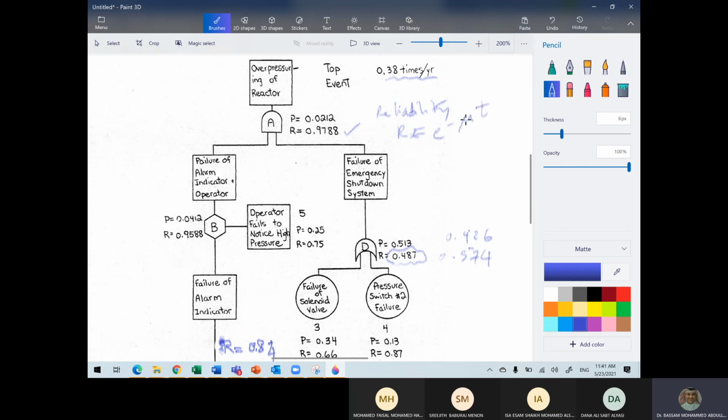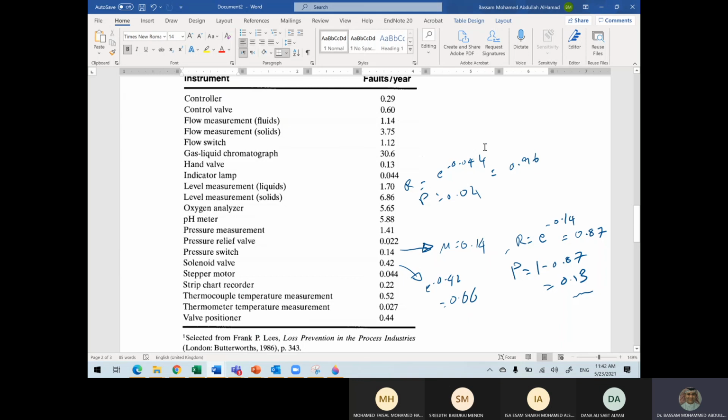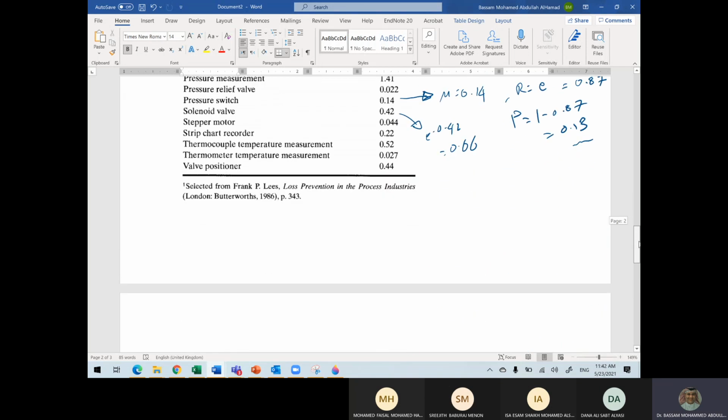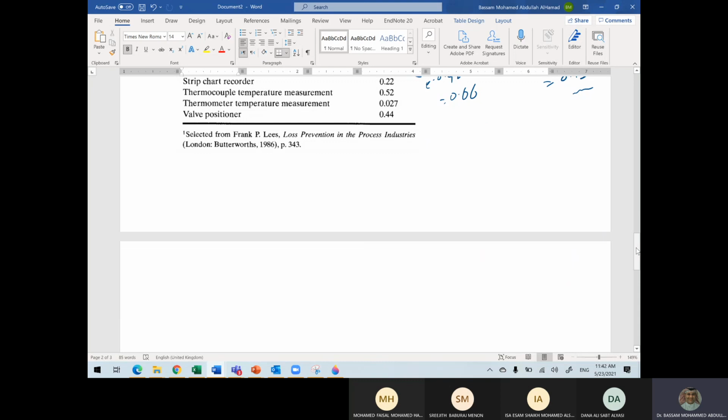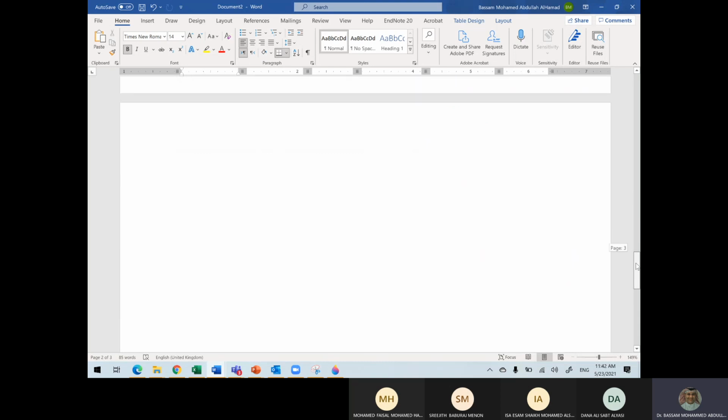So now the only thing you need to find is mu, and of course we are talking about 1 year, so t is one. You take the ln of both sides and find mu. As simple as that. This is another question that you may get in the exam.